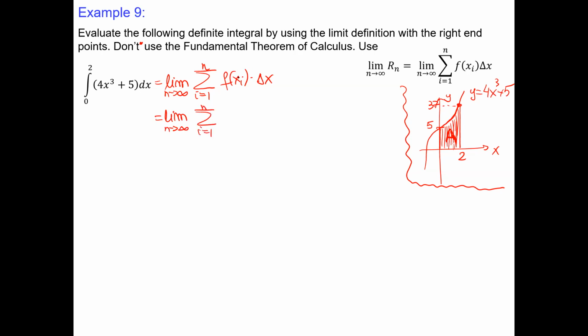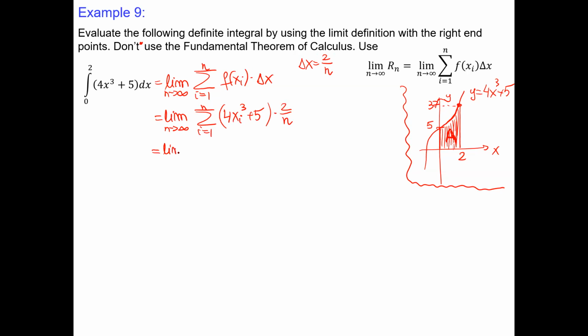Then our function is defined as 4 xi cubed plus 5. Delta x is the length of the entire interval between 0 and 2, which is just 2, and we're dividing by n rectangles, 2 over n.